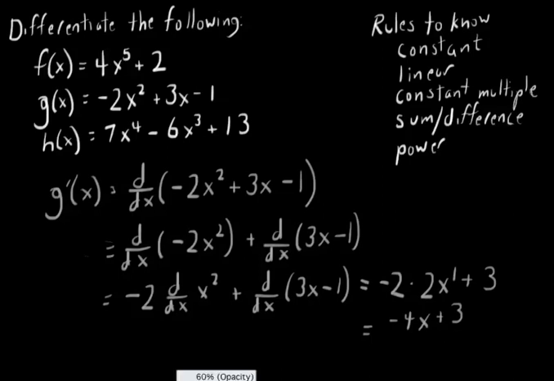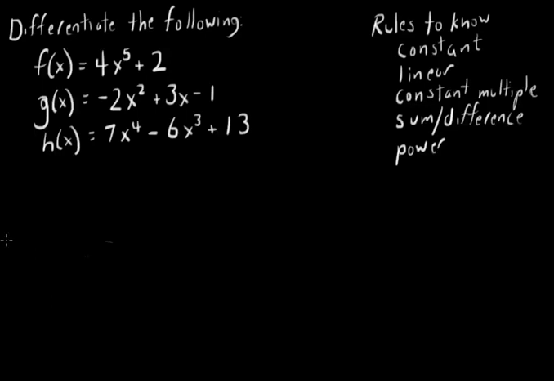All right, let's erase that. And finally, let's take care of our last one. h prime of x is going to be, all right, you've seen this already, d/dx of everything that follows.